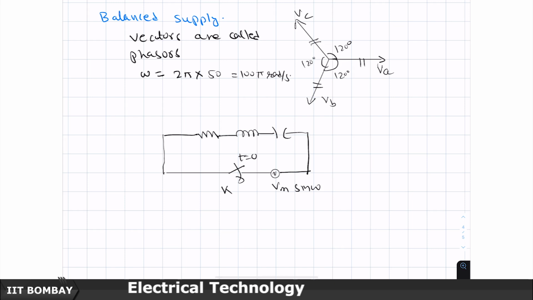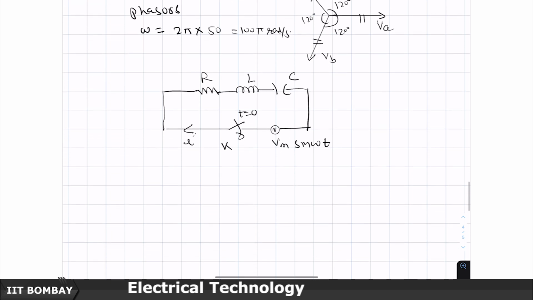This supply is Vm sine of omega t, and this carries a current I, this resistance is R, L and C. So, the question is, what is I of t? This is the first question that I want to answer. I will make my question a bit more precise. I will ask the question, what is the steady state nature of I of t?